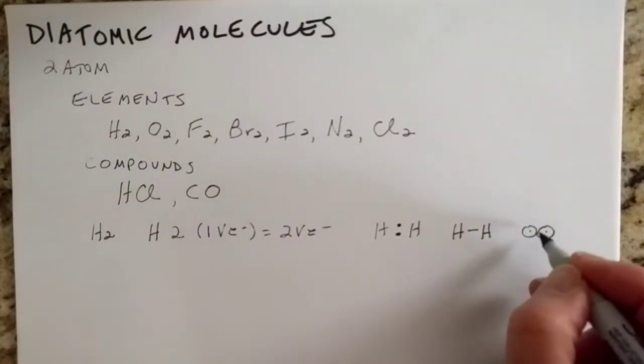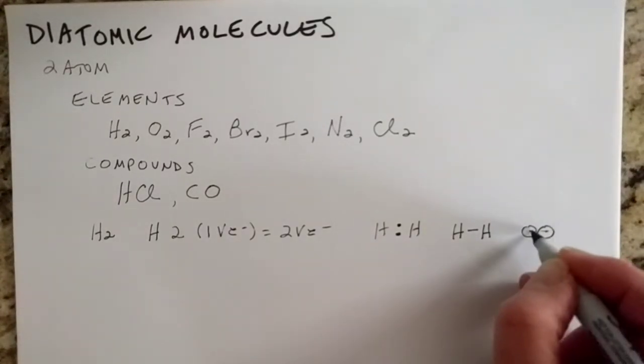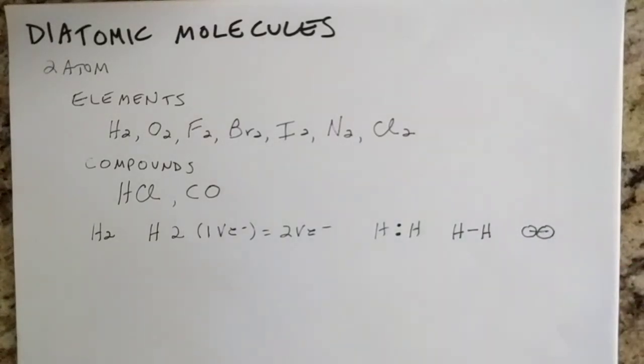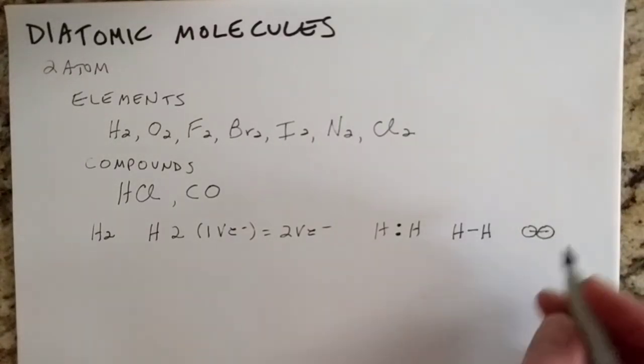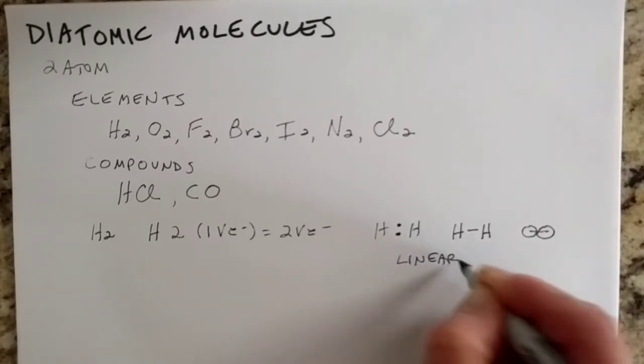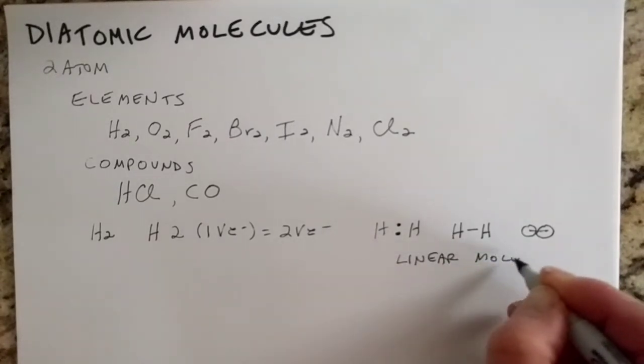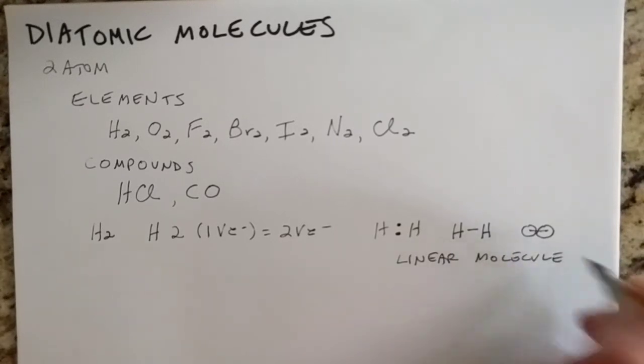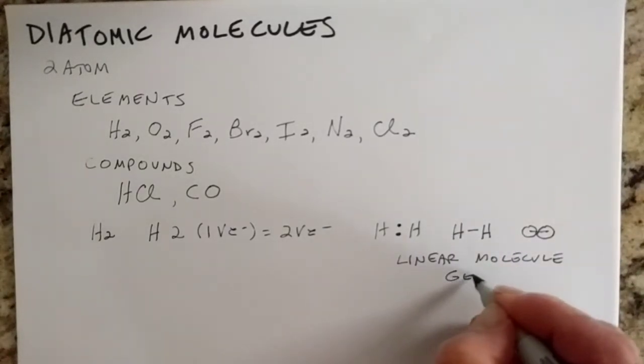So if we connect the nucleus of one hydrogen to the nucleus of the other, we get a straight line. Of course, how else can you connect 2 points, shortest distance? You need a straight line. So we call this geometry linear. So we have a linear molecule geometry, or some people say molecular geometry. Either one's fine.